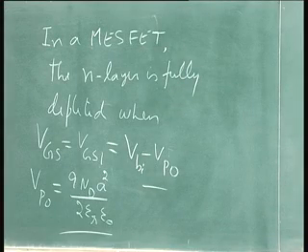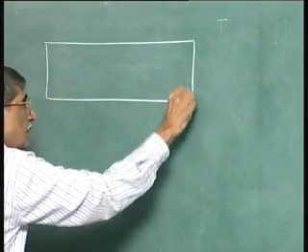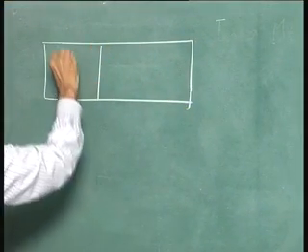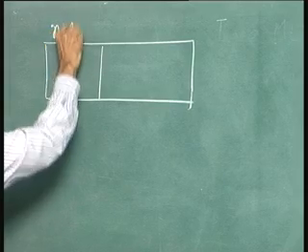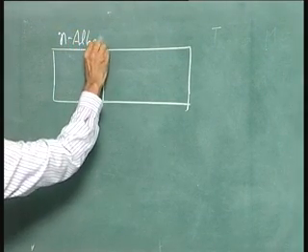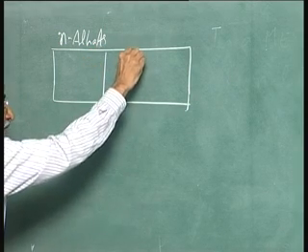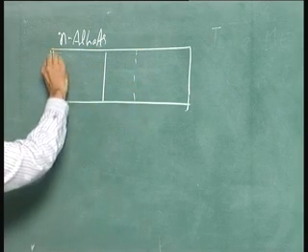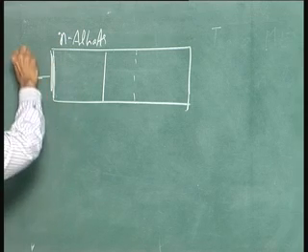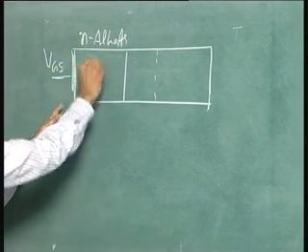Let me just draw that like this here, because it becomes clearer. So, if I have that is N, gas. Okay. What we are looking for is what should be the voltage that I must apply to the gate, so that this entire layer is depleted.